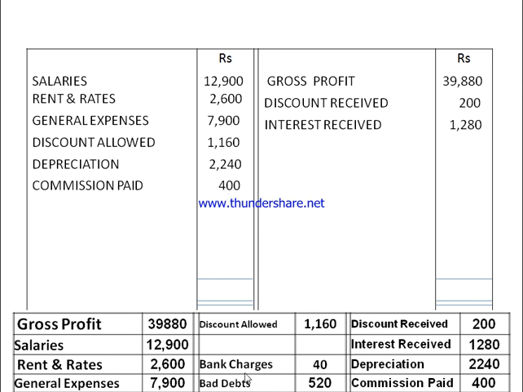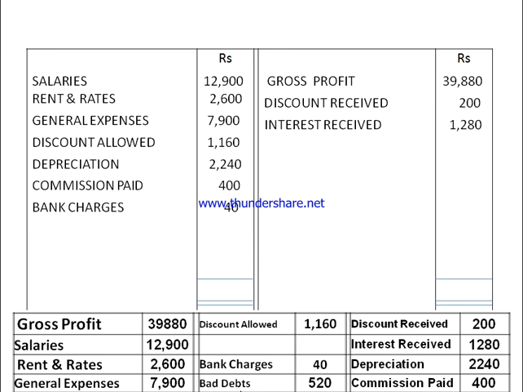Next is bank charges. Bank charges are also our expenses, as all charges are our expenses. So we will write it down on the expense side as bank charges 40 rupees. Then the last item of the data which has been provided, bad debts. Debts mean amounts receivable.